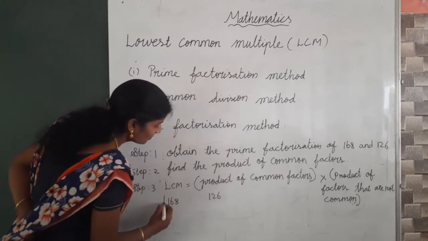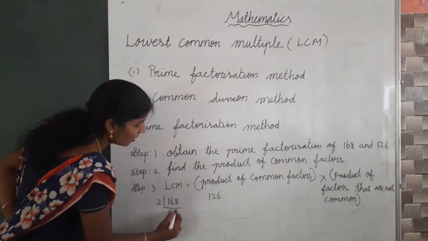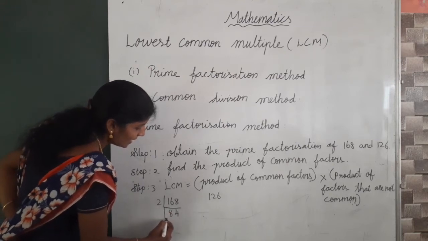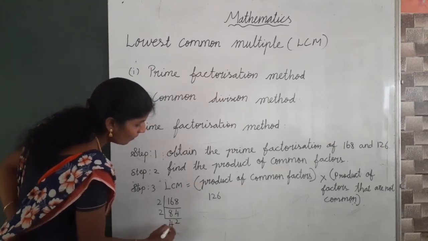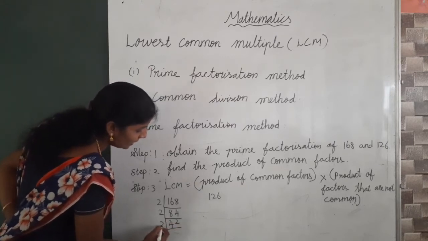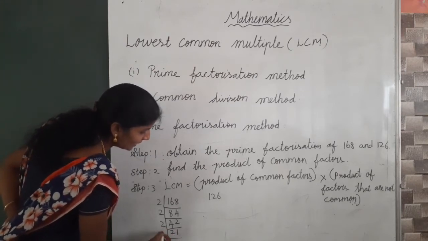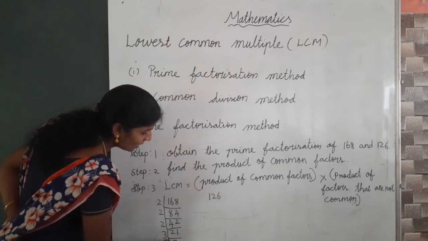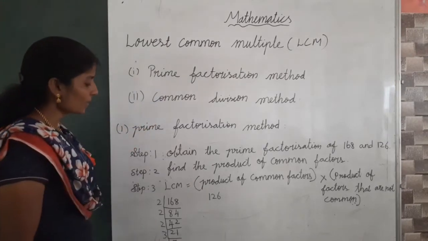126. Okay. Now here, 2 table, 8 2s are 16, 4 2s are 8. Again 2 table, 4 2s are 8. 2 2s are 4. Then 2 table, 2 2s are 4. 1 2 is 2. Then 3 table, 7 3s are 21. Then 7 table, 1. Okay.